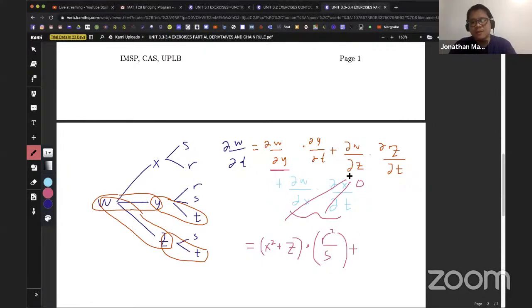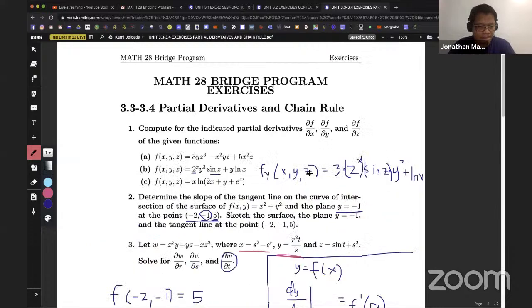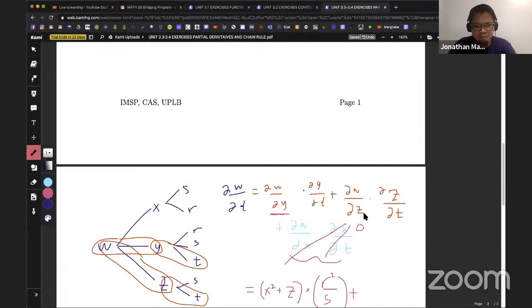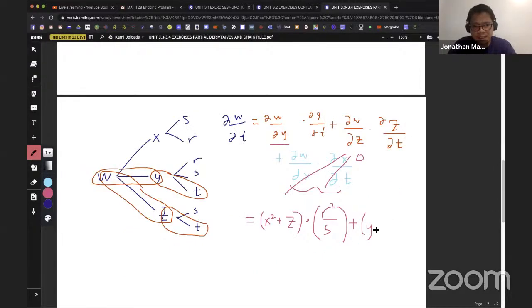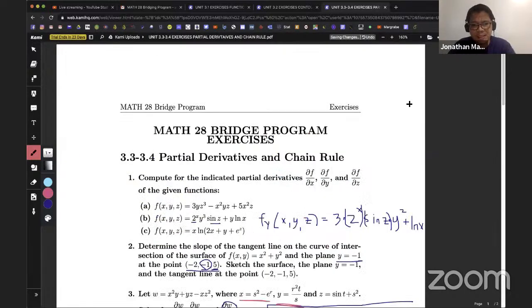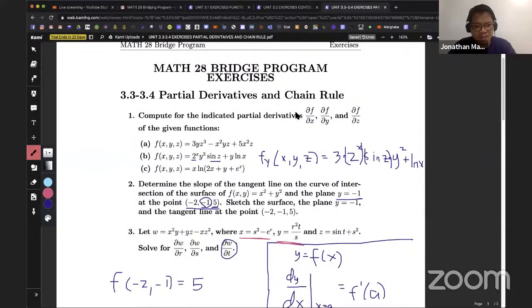Plus, next term. What is the partial derivative of W with respect to Z? Partial derivative of W with respect to Z. That is Y minus 2xz. Very good. That is Y minus 2xz multiplied to, what is the partial of Z with respect to T? Partial of Z with respect to T is cosine T. Very good.